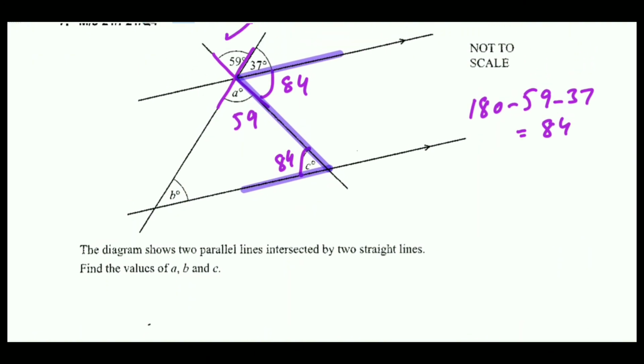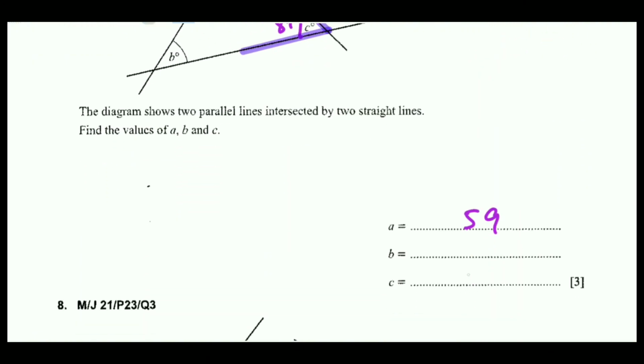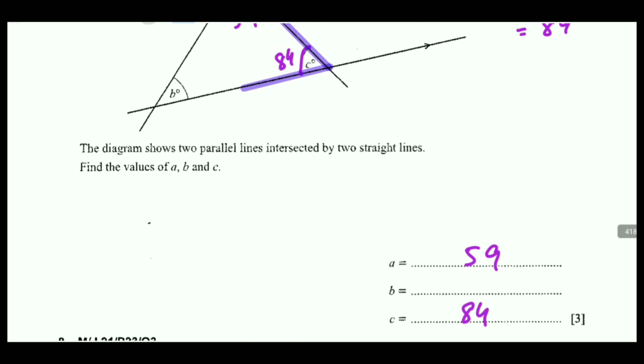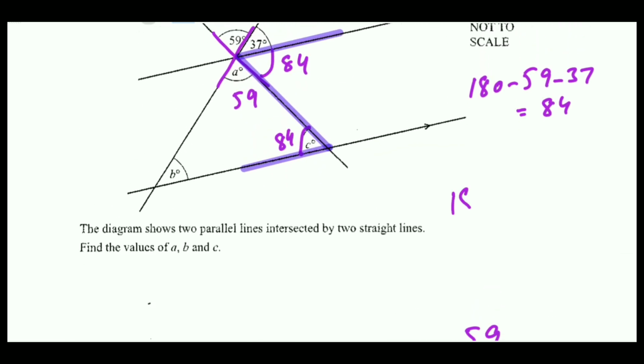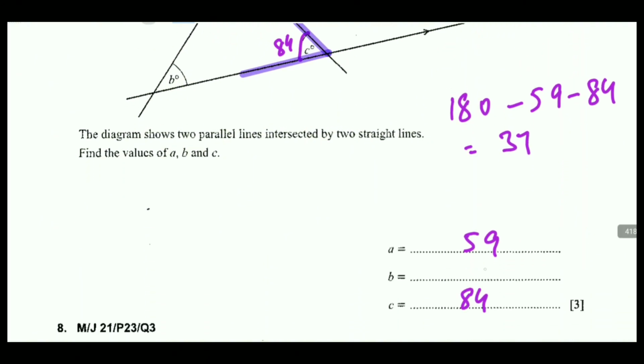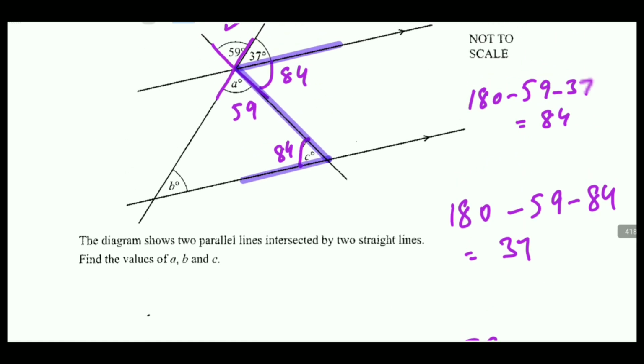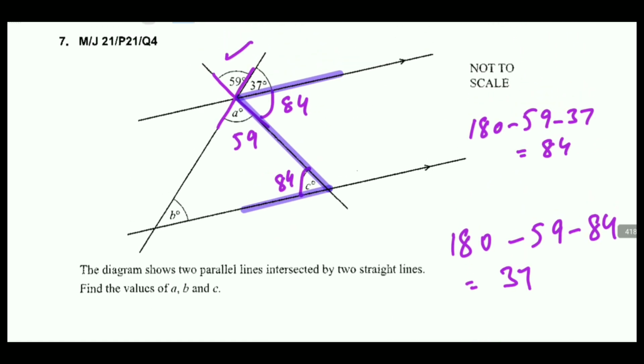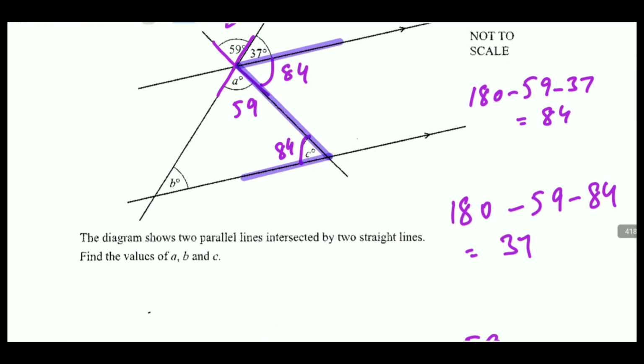So now you can easily find angle B. C is 84. How will you find angle B? 180 minus 59 minus 84. That is 37. So B will be 37, we will write here. This is the way we have to use this property in any question.